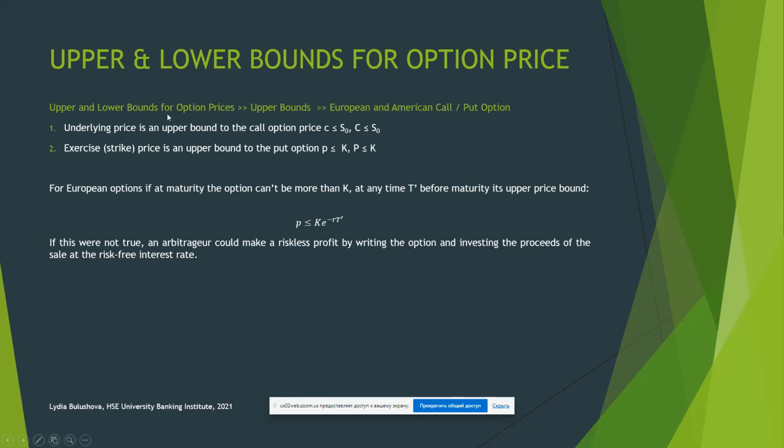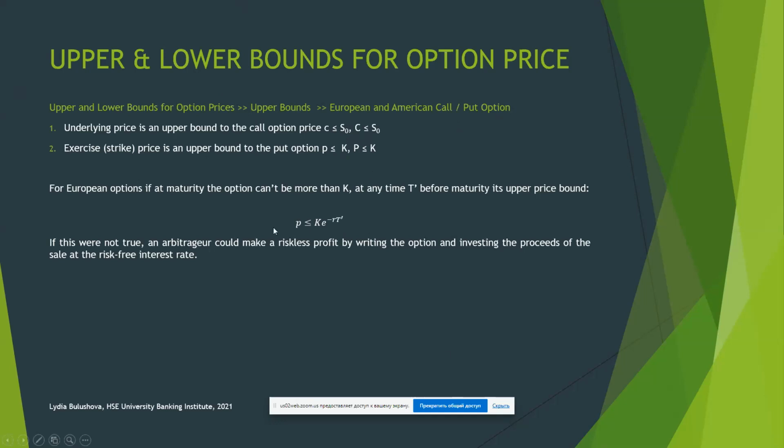Okay, we now know the upper bound. We know that a call option or a put option cannot cost more than the asset in case of a call option and the strike in the case of a put option.